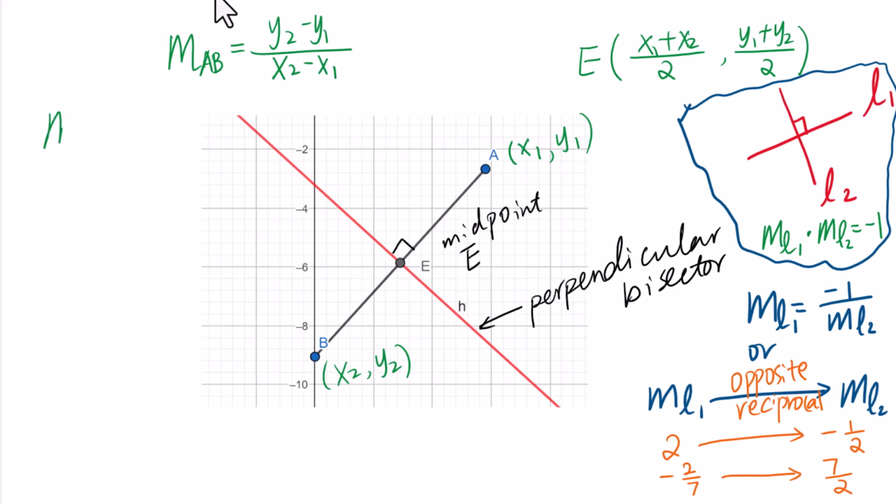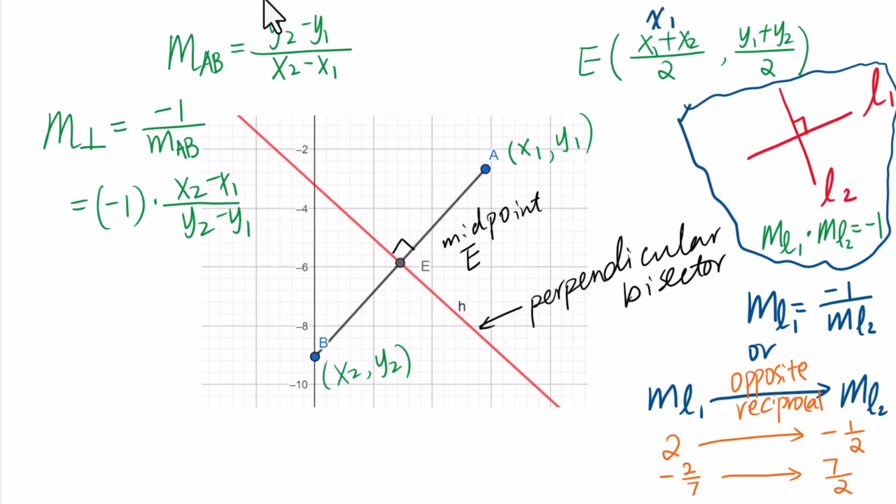Therefore, slope of perpendicular bisector of AB equals -1 over slope of line AB, which equals -1 times reciprocal of slope of AB, which is x2 minus x1 over y2 minus y1.